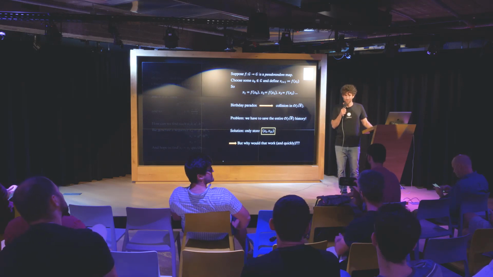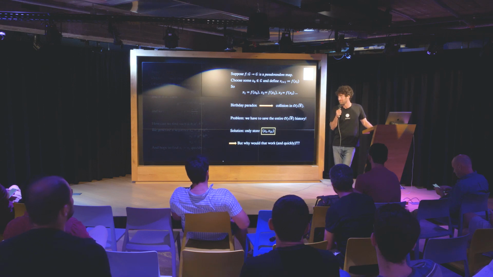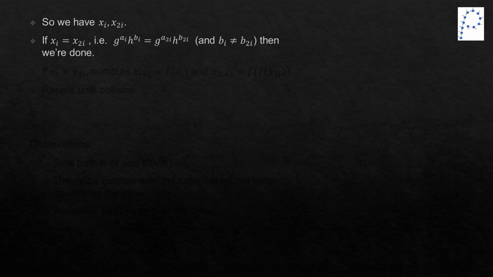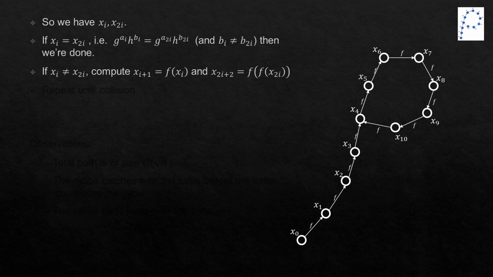So I'm going to try and convince you that this actually works. We have x_i and x_2i. If they're equal, then we're done. If they're not equal, we compute the next pair, x_i+1 and x_2i+2. I want you to look at this illustration.